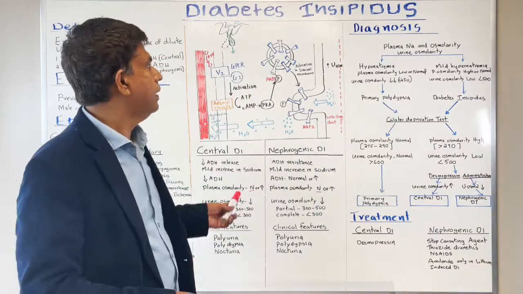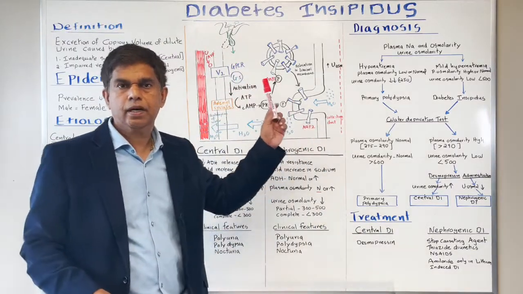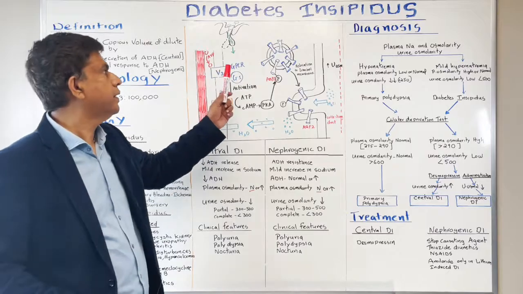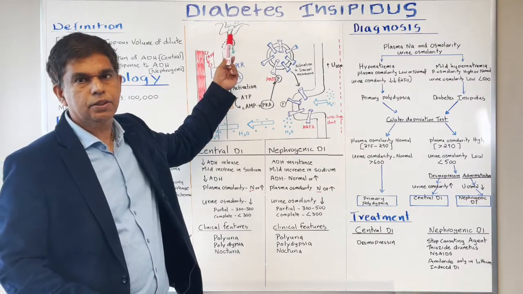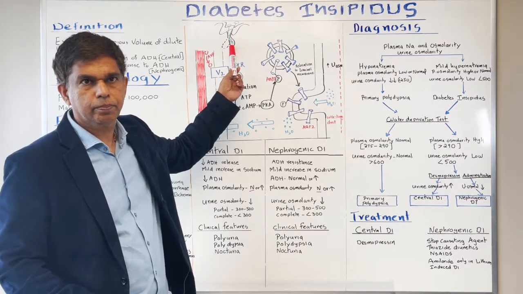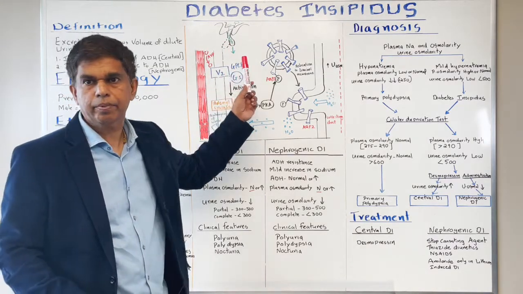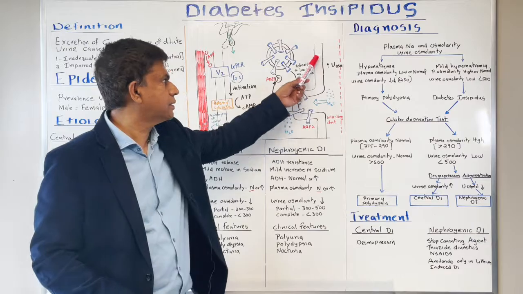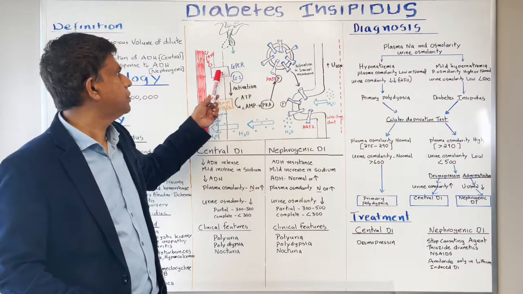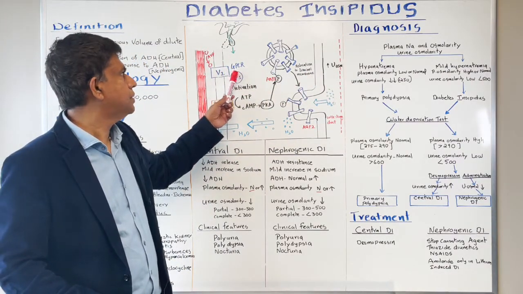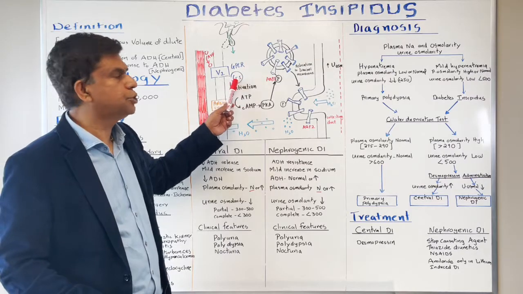Now let's look at our famous diagram up here. How does the ADH work? It's secreted in the hypothalamus and goes through the posterior pituitary, and then is released to the principal cells of the collecting duct right here, and this is the V2 receptor. It is a G-protein coupled receptor, which is Gs type.